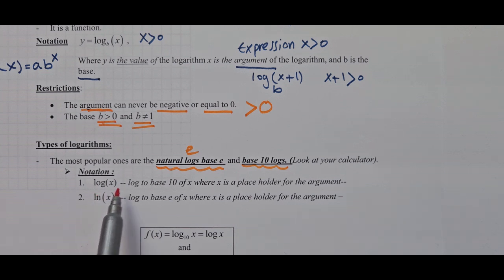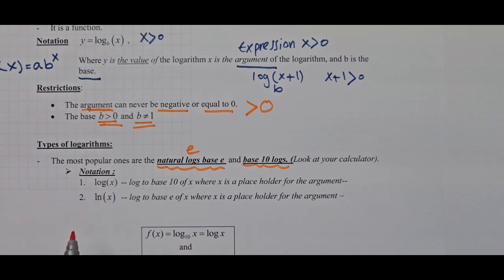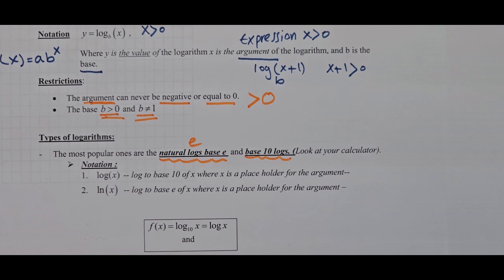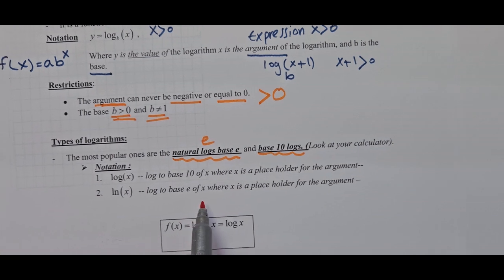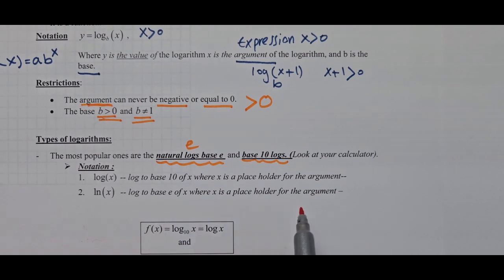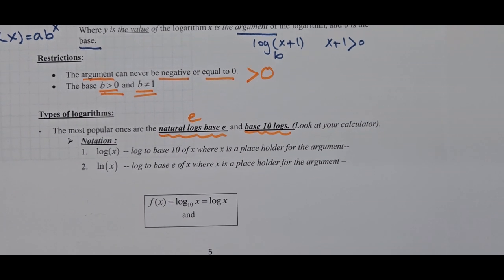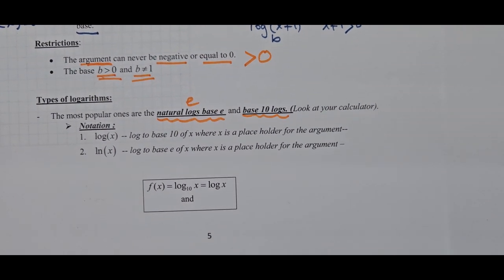If it is the base 10, we use log, and we usually do not put the base. The other one, which is called the natural log, where the base is the letter e, is written as ln x, where x is a placeholder for the argument. Okay, so this is how we usually show it.